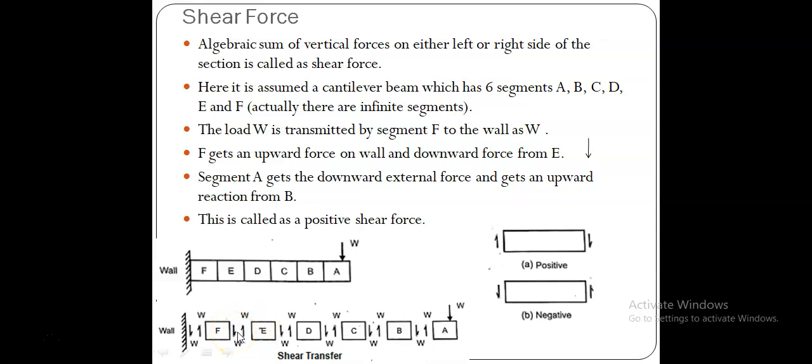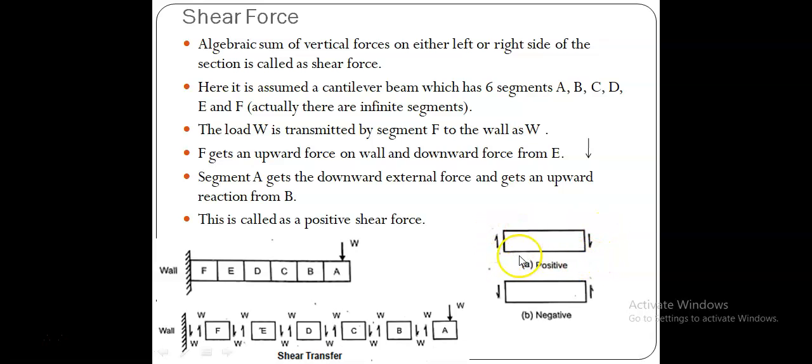Like that, segment A gets the downward external force and gets an upward reaction from B. So like that, they share the forces to maintain equilibrium. This is called a positive shear force. So suppose we have a segment like this.